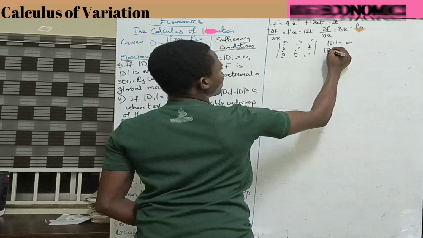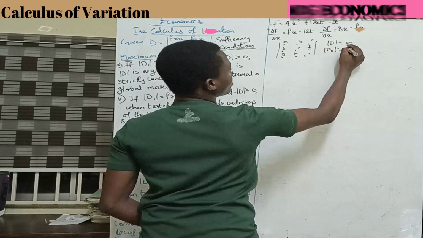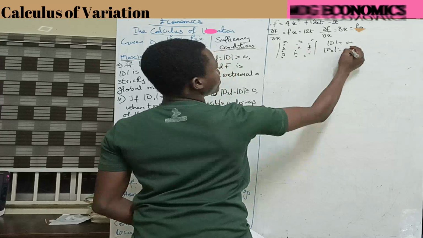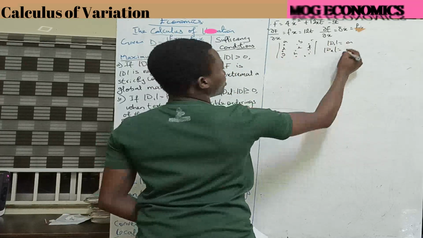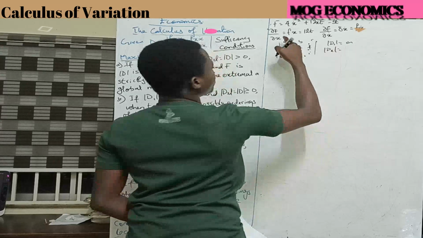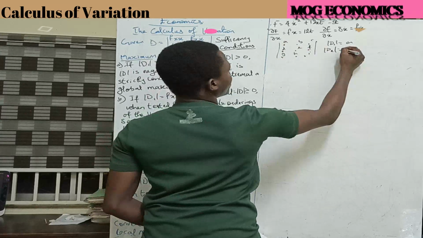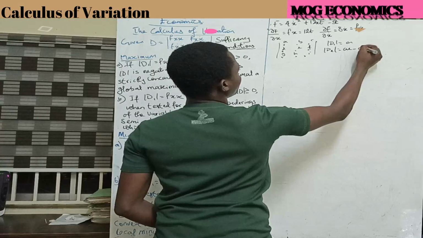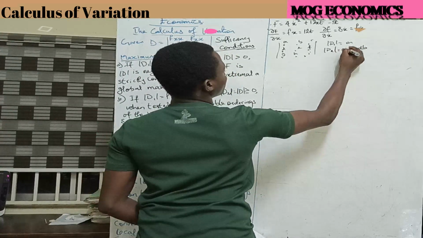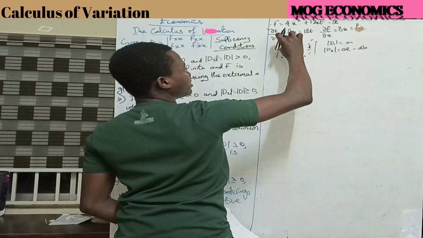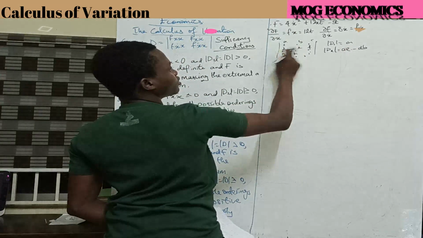Then your D2 is equal to AE minus DB, which is the determinant of these first four entries, 1, 2, 3, 4.